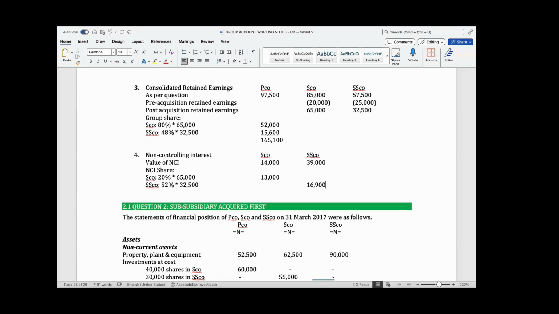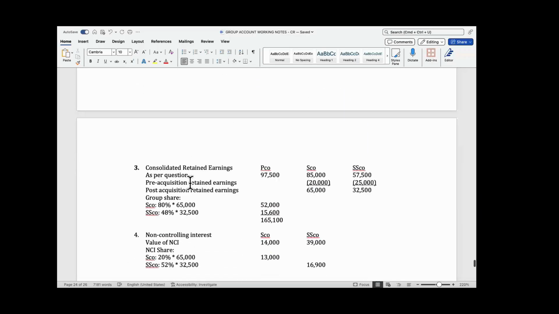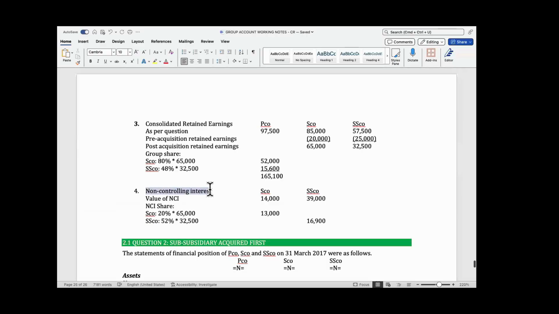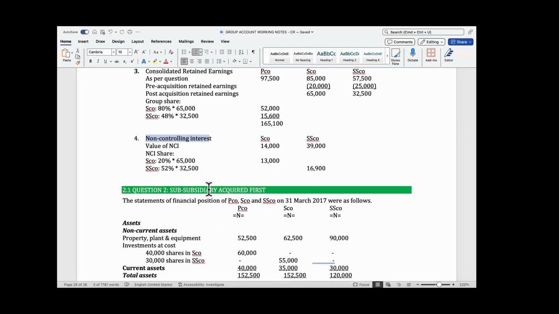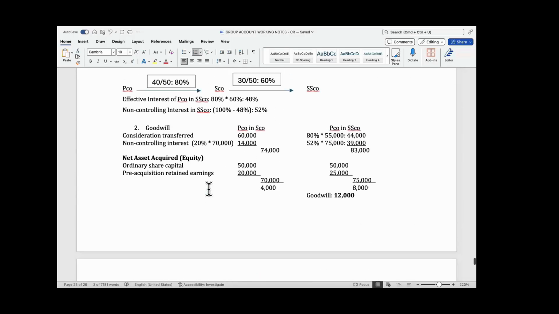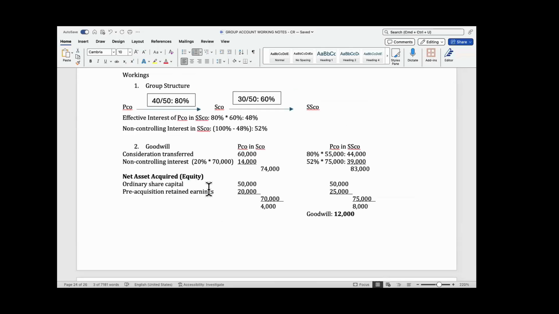This should be all. But there's one thing we must do that if you don't do, your account will never balance, which is the fact that for us to ultimately get the value of NCI, we also need to get what the NCI has suffered in investing in SSCO. We did not consider it because there hadn't been opportunity for that.